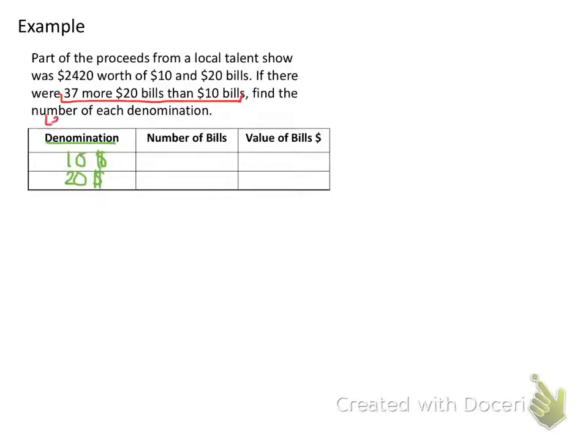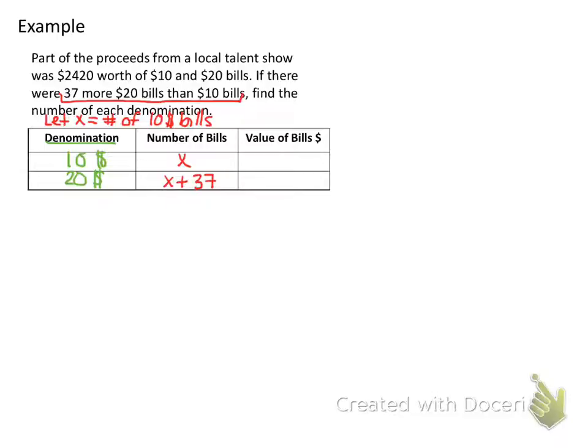So let's let x equal the number of $10 bills. So this is going to be x here, the $10 number of bills. And we have 37 more $20 bills.